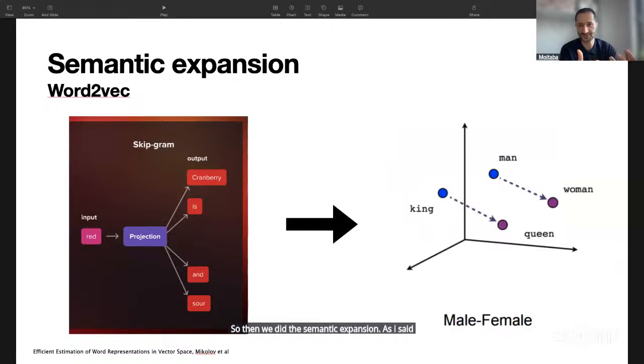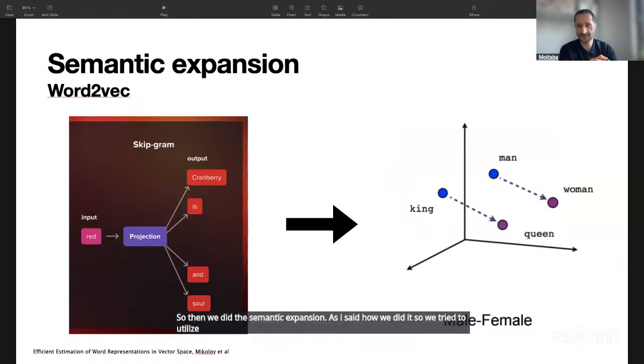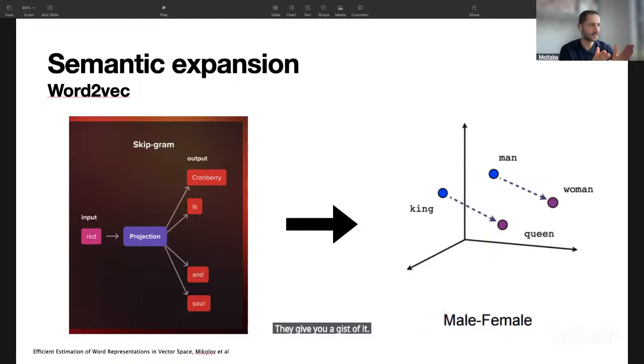As for how we did it, we tried to utilize word2vec. You might be familiar with word2vec to some extent. I don't know, but just to give you a gist of it, it is a shallow neural network. It has two flavors, skipgram or CBOW.